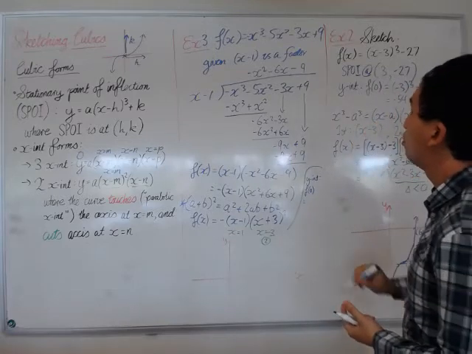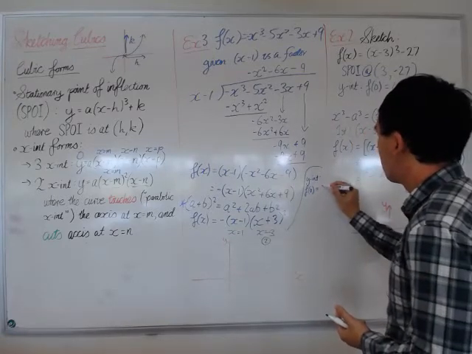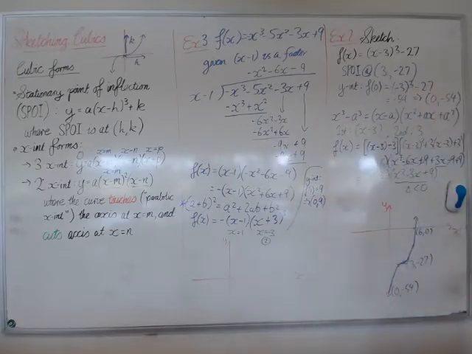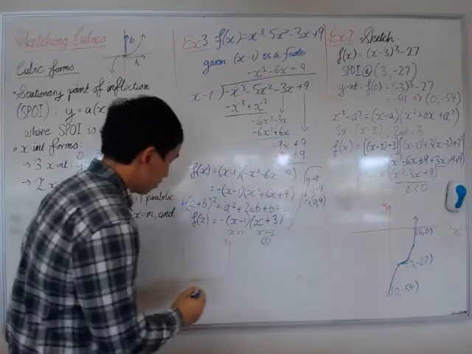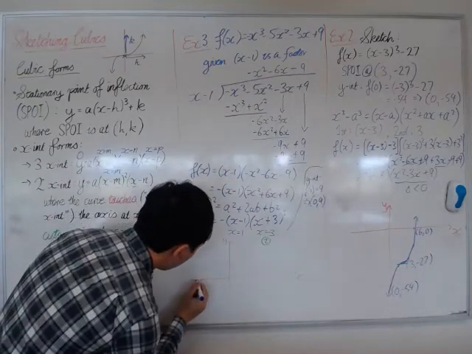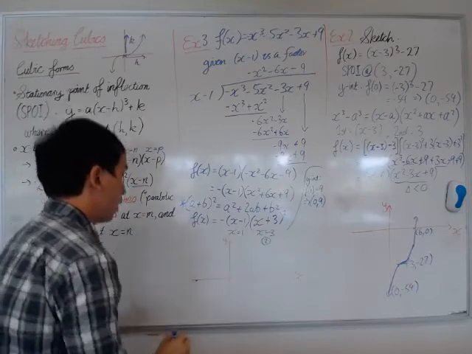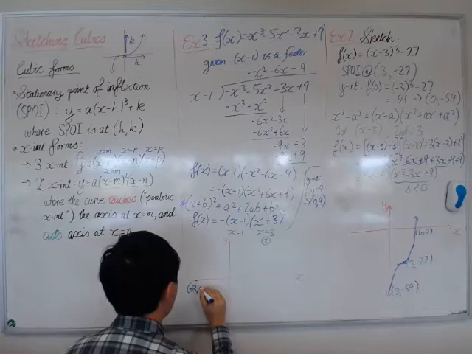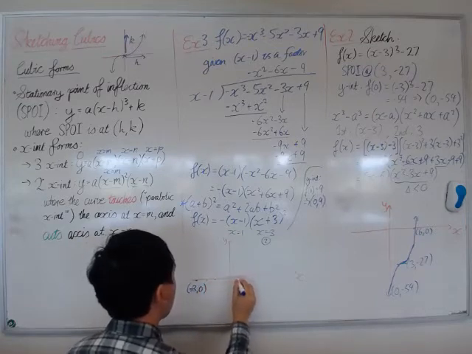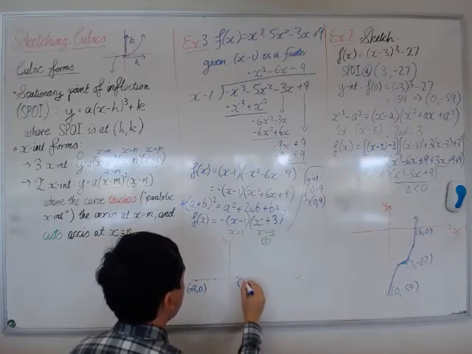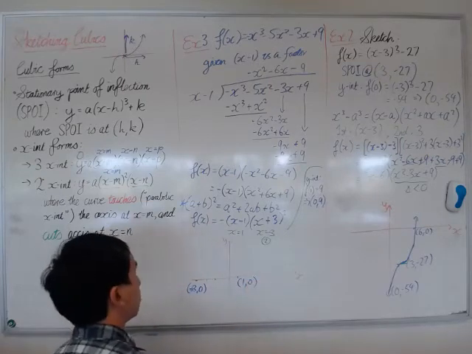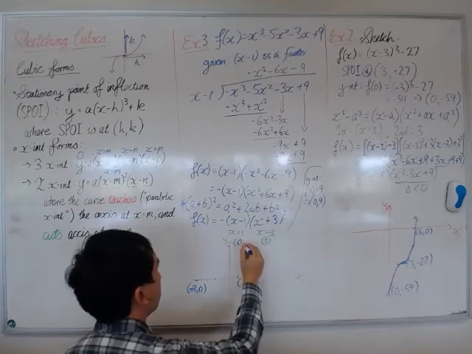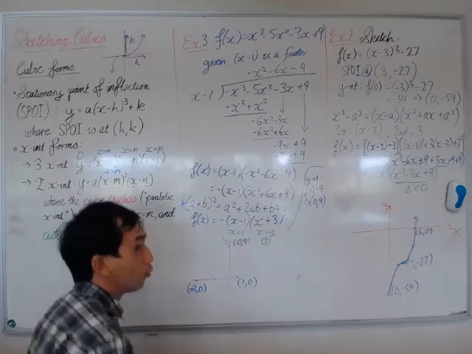So that would be 9. Okay, let's have a shot at this. So there's one over here at x equals negative 3, one over here at 1, 0, and up to 0, 9 for our y-intercept.